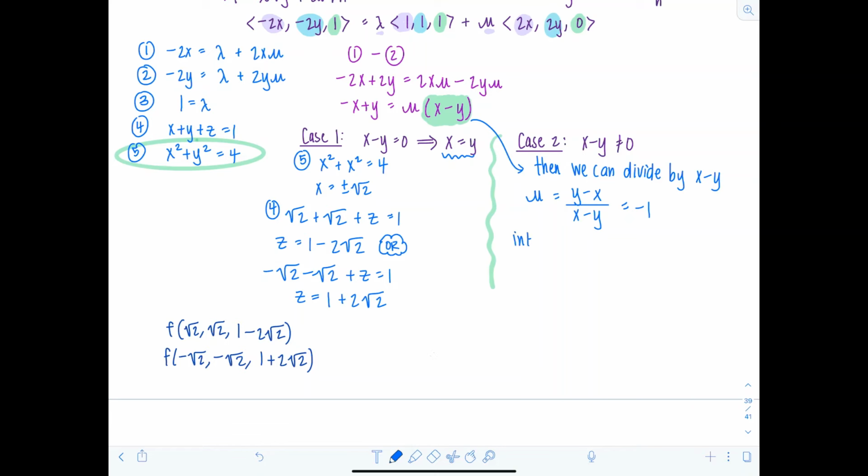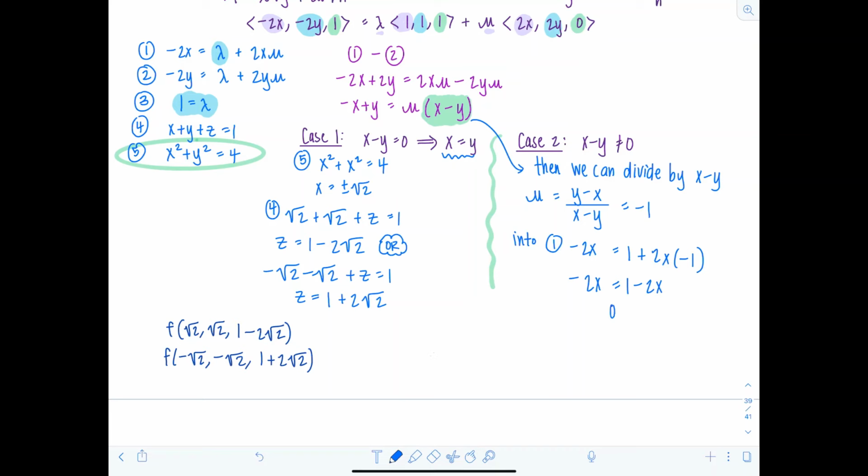Now let me substitute that into equation 1. And then I would have negative 2x is equal to, now don't forget, we already know that lambda is 1. So let's just substitute that in. 1 plus 2x times mu, which we have is negative 1. Well, now notice I have negative 2x is equal to 1 minus 2x.